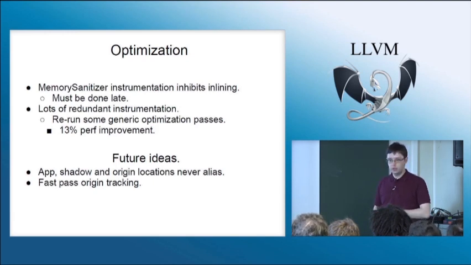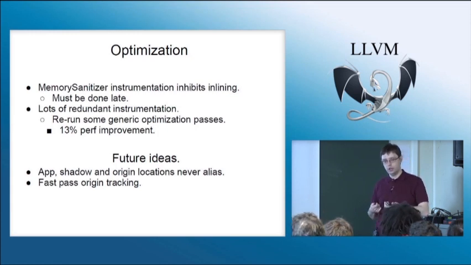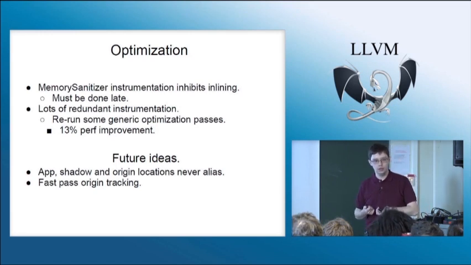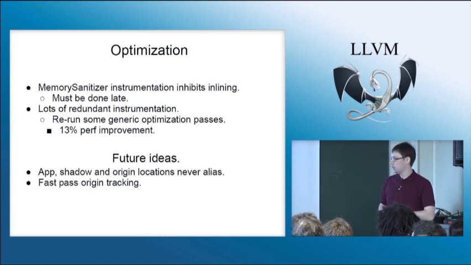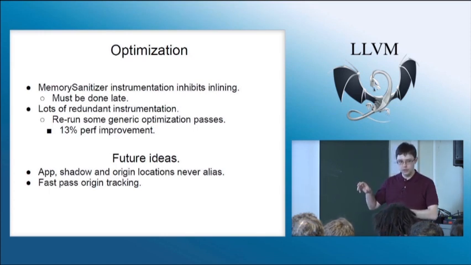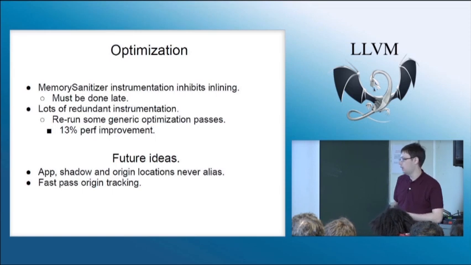And origin tracking is a thing that can happen lazily, mainly because most of the values that programs work with are initialized, and there is no sense in tracking origins for them. So it should be possible to do all the calculations, for example, in a basic block, and then if we notice that the result turns out to be poisoned, we can go back and find out the origin for that.